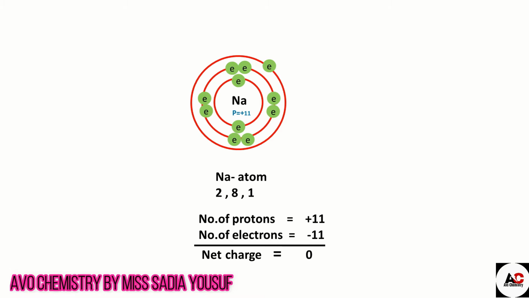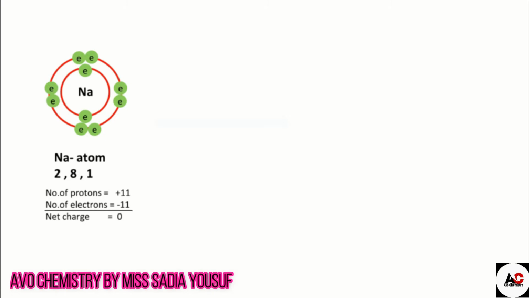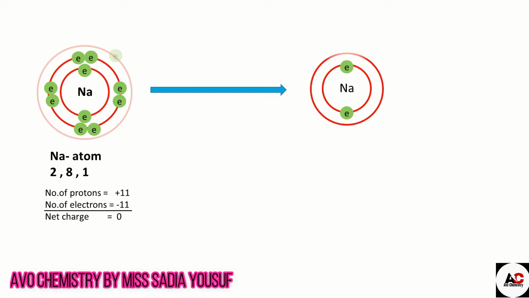This sodium atom loses this electron. Now the valence shell will vanish. After removing the electron, the structure of sodium will be like this. In the first shell it has 2 electrons, in the second shell it has 8 electrons. Now the second shell has become the last shell that has the 8 electrons.